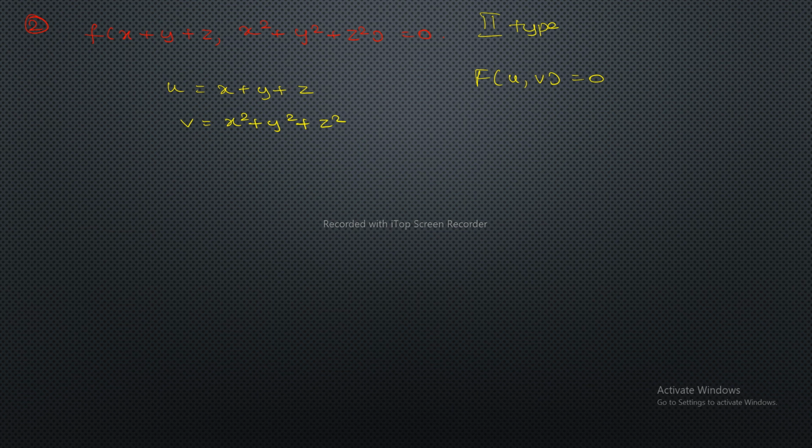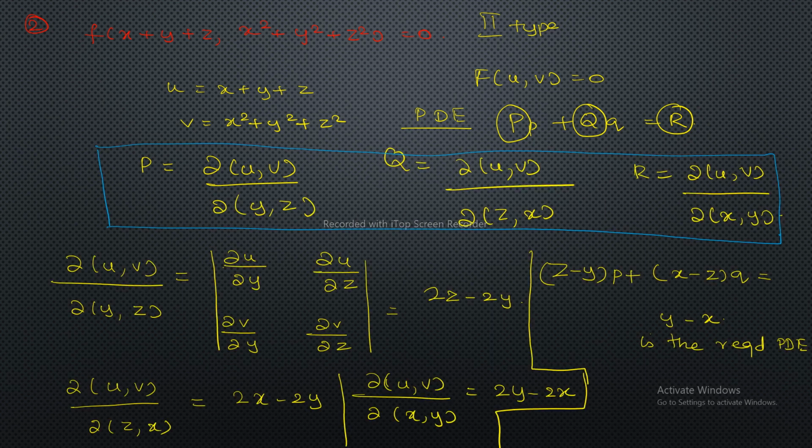Now in this case your partial differential equation can be explicitly given as Pp plus Qq is equal to R. Okay, so you have to find the values of P, Q, R with the help of u and v, that is P is equal to dou of u comma v by dou of y comma z, and Q and R similarly, and just find the Jacobian matrix and substitute in this formula to get your partial differential equation when your given equation is of the form f of u comma v is equal to 0. So this is the formula to find your PDE.